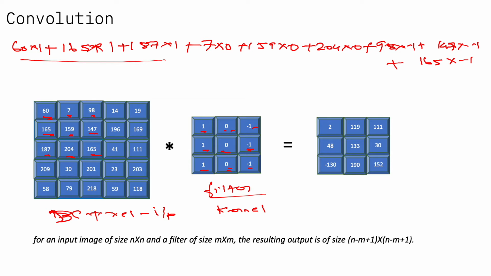And then when you add all of these, the zeros are going to cancel out. So it's essentially the sum of these three numbers subtracted by the sum of these three numbers, because you're multiplying it by minus 1. And then you can do the math and you'll see that it comes down to 2.